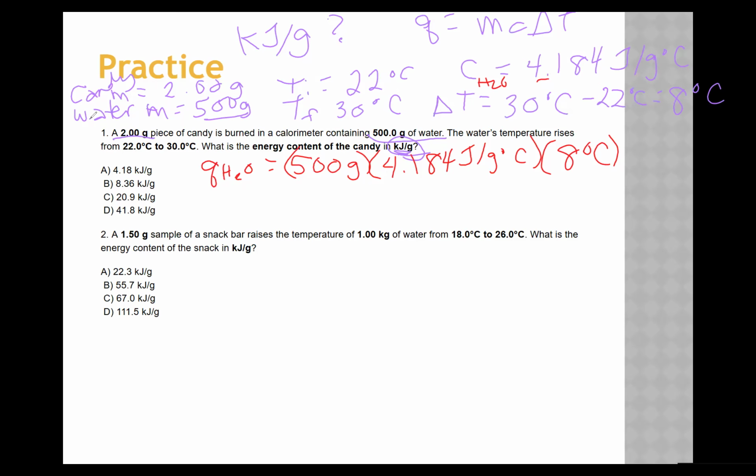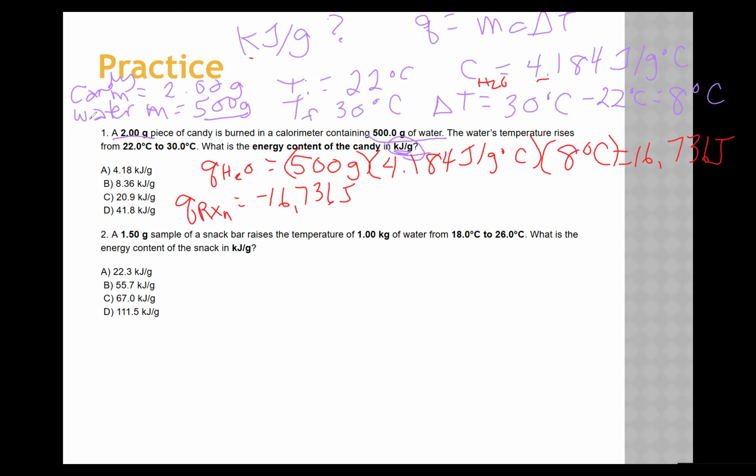So 500 times 4.184 times 8 gives us 16,736 joules. Now we need the Q of the reaction. So the heat of the reaction is going to be negative 16,736 joules.